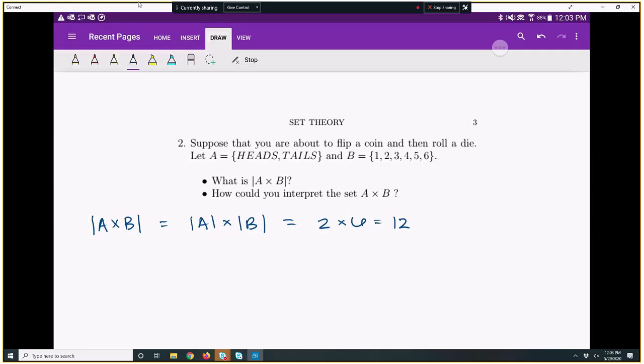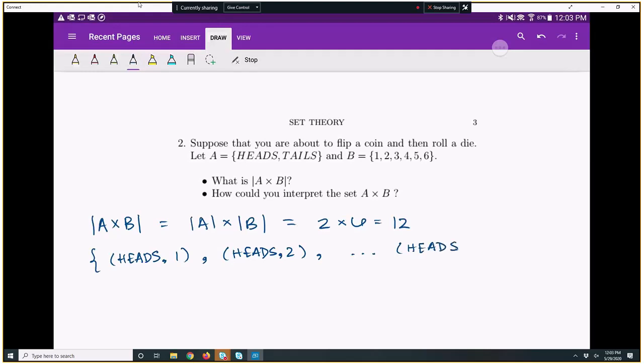Then it asks, how would we interpret the set A cross B? Well, if we looked at the set A cross B, they would be things like, I could have heads, comma, 1. That would be an element. I could have heads, comma, 2. And so on.